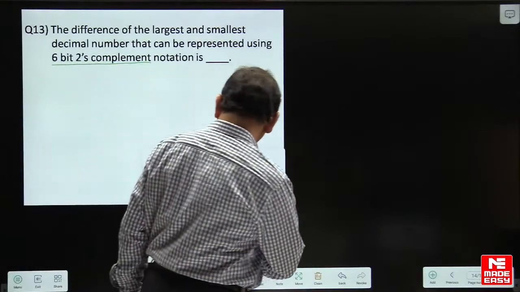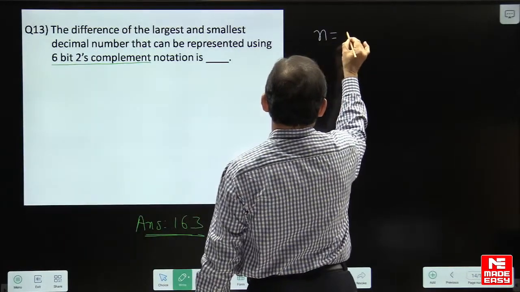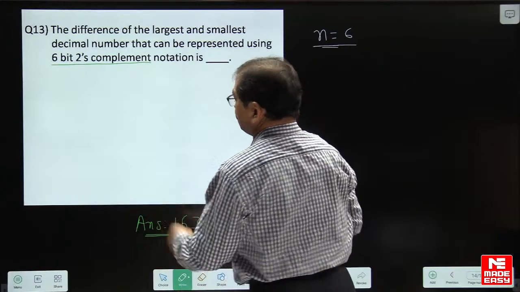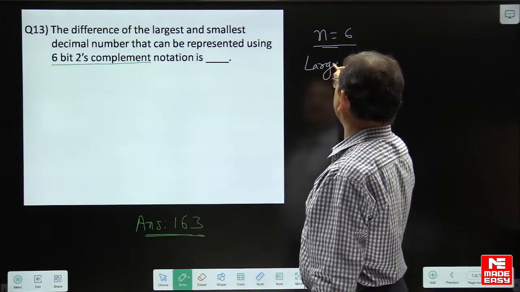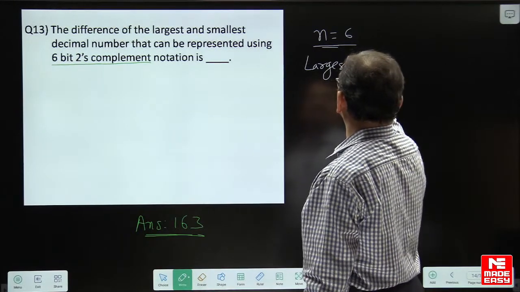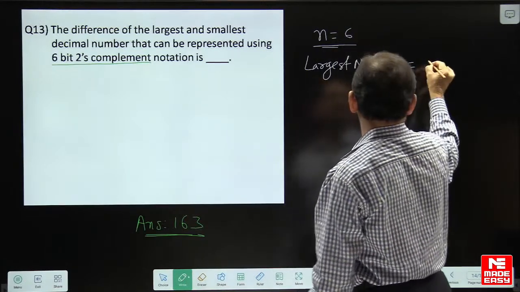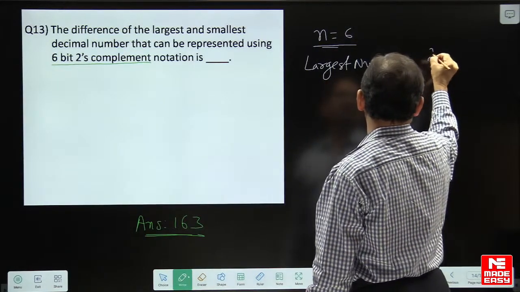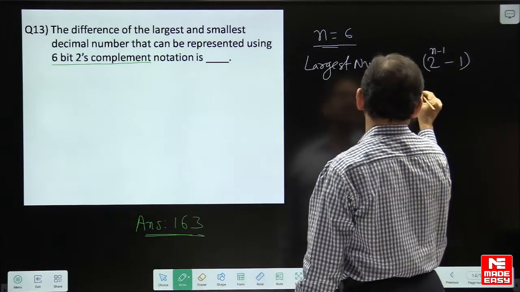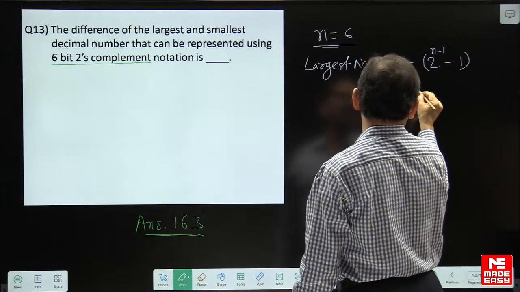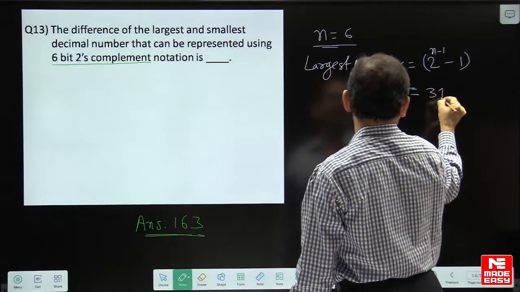So we have here a question on 2's complement using 6 bits. The largest number it is possible to represent in 2's complement, in general using n bits, is 2 to the power of n minus 1, minus 1. Because it is 6 bits, that is 2 to the power of 5 minus 1, which is 31, right?